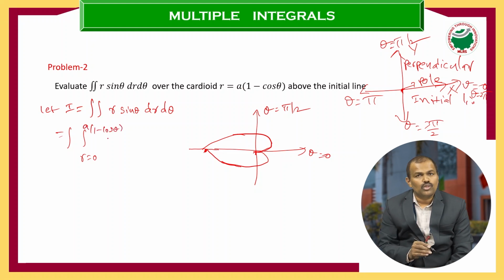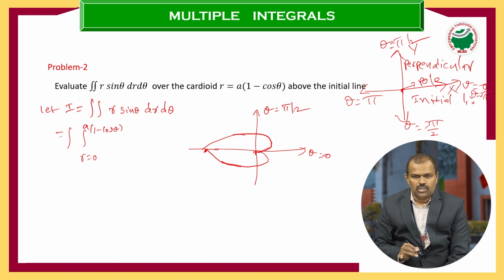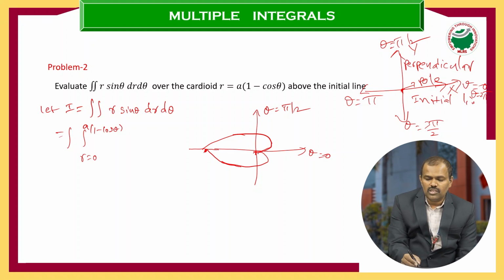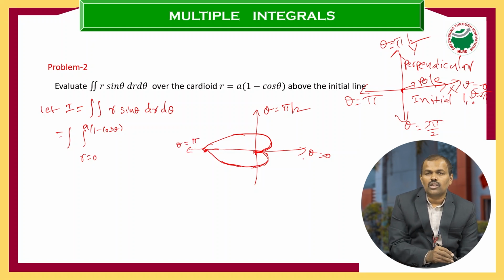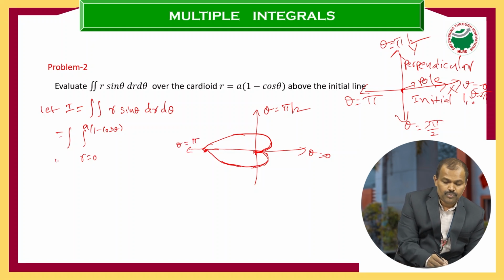This is r in terms of theta. Then the theta limits: how to find them? This is the theta starting point, that means theta 0, and it touches at theta is equal to 180. So the theta limits are 0 to 180.